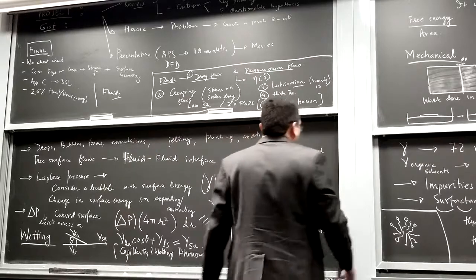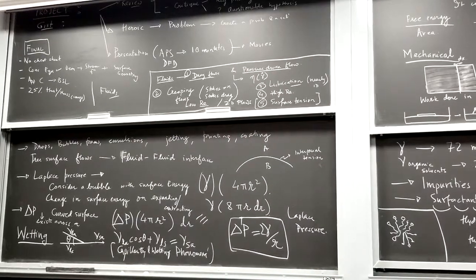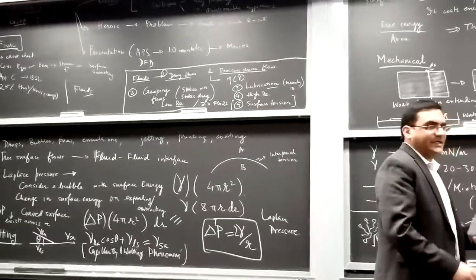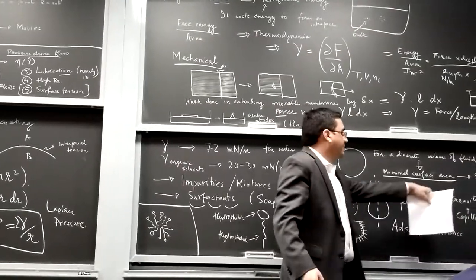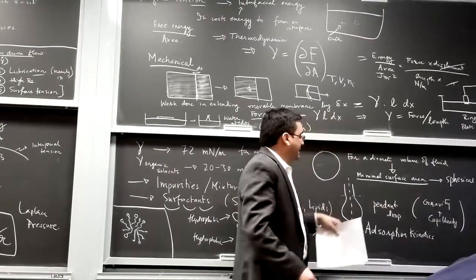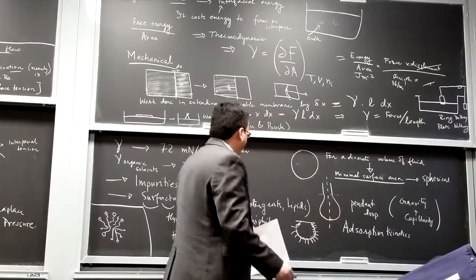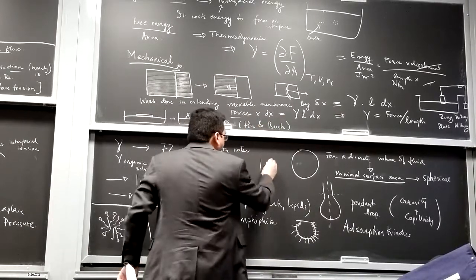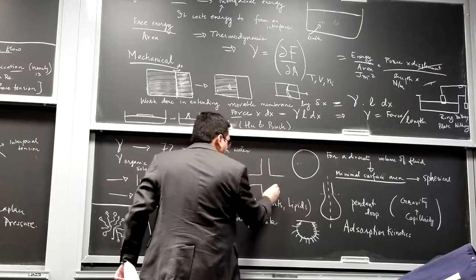And then the other thing we said was, whenever there is more than one force present, then the actual shape of the drop really depends on the interplay of those forces. So this is a static example. We could have an example where you can create a shear or an extensional flow.